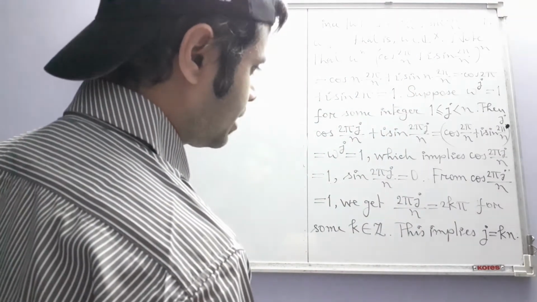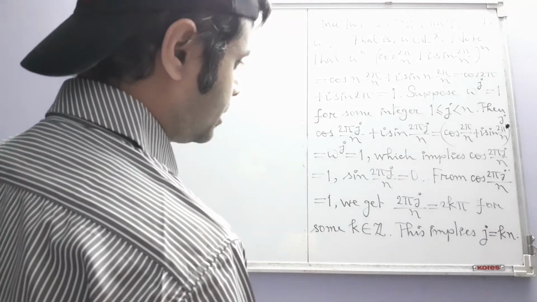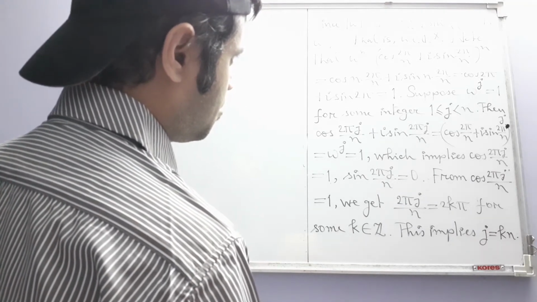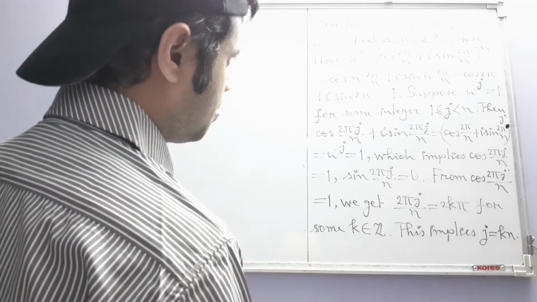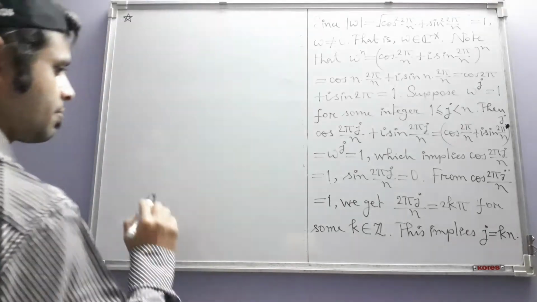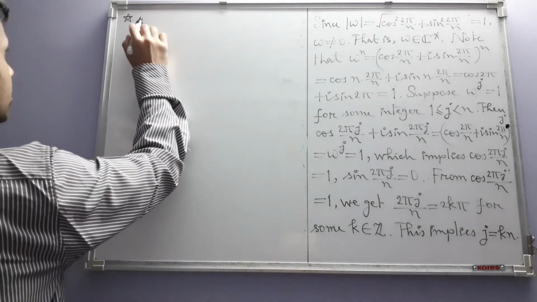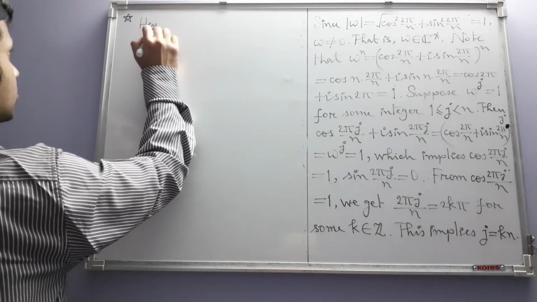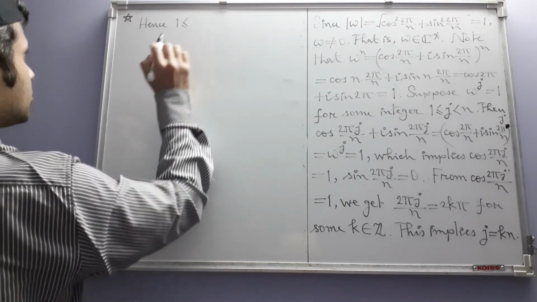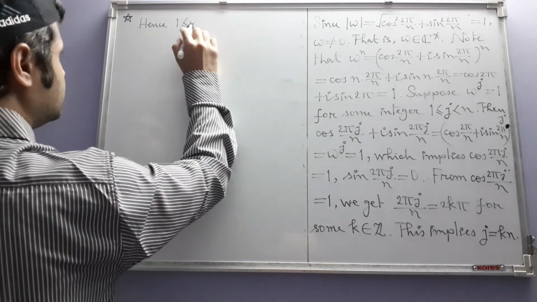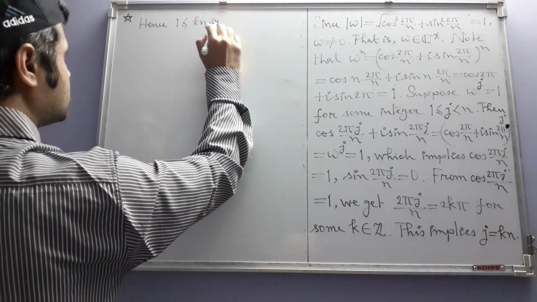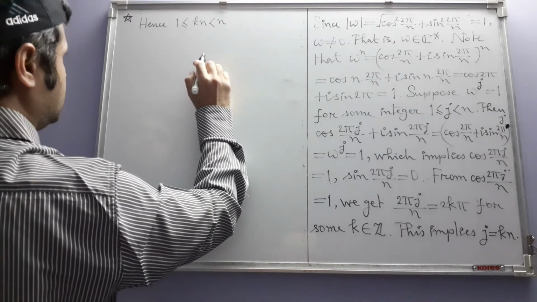I think we will get some sort of wrong statement that will give us a contradiction. So if I put j equal to k, then what happens to k? Hence 1 is less than or equal to kn, which is less than n.